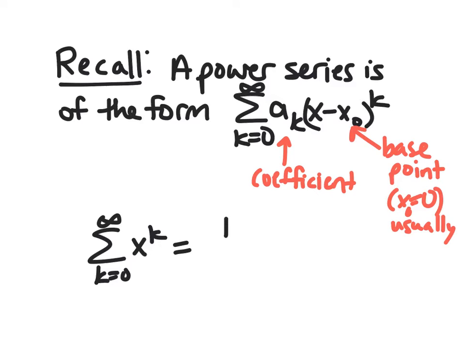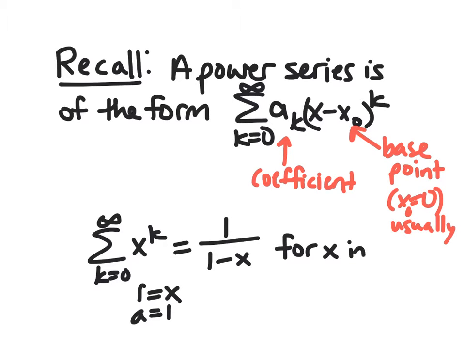Because it's a geometric series, where r is x and a is 1, this is 1 plus x plus x squared plus x cubed and so on. We know a geometric series converges to a over 1 minus r, or 1 over 1 minus x, but only if the absolute value of r is less than 1, and so this would be for all x in the interval from -1 to 1.